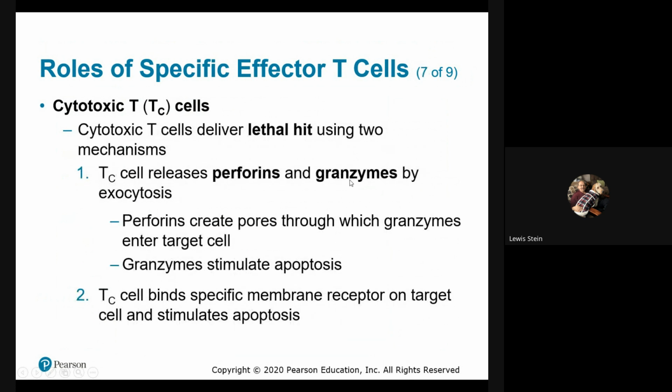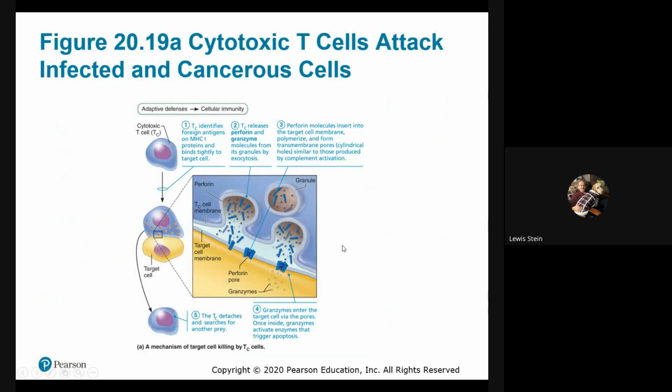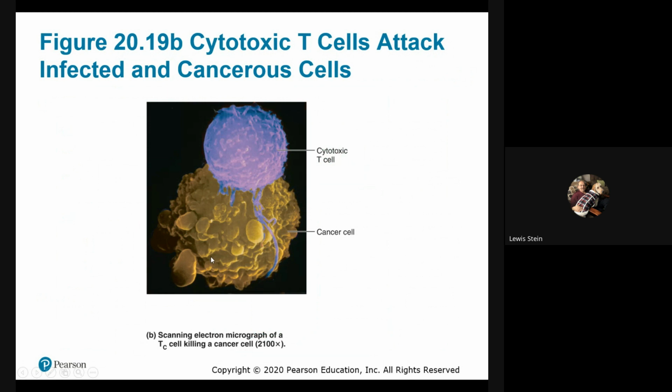They release perforins, which are like tiny proteins that poke holes in something, like perforated, and they shoot granzymes in. These are enzymes that will literally stimulate apoptosis. Amazing. Pop these little perforins, and in come the granzymes. Here's the target. They go through those little openings, and voila, they're done.